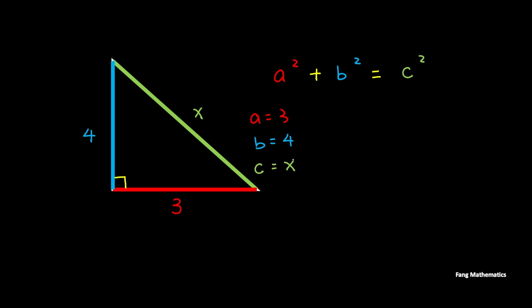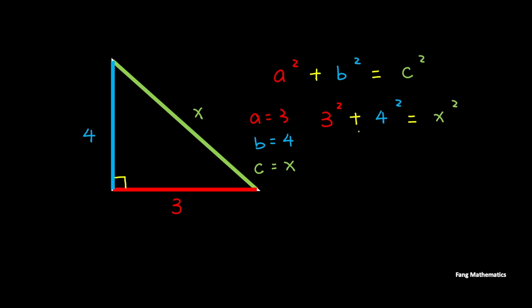We are to solve for x. The next step is to substitute each variable into the equation. In place of a, put 3. In place of b, put 4. And in place of c, put x.